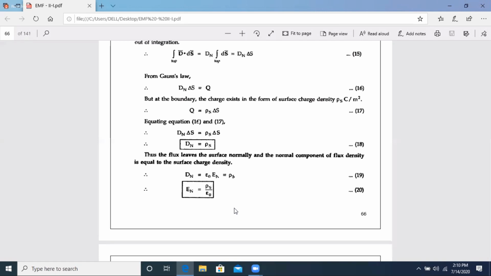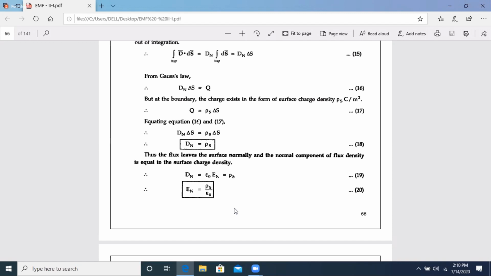So you know that E1 tangential equals E2 tangential, right? Yes, sir.